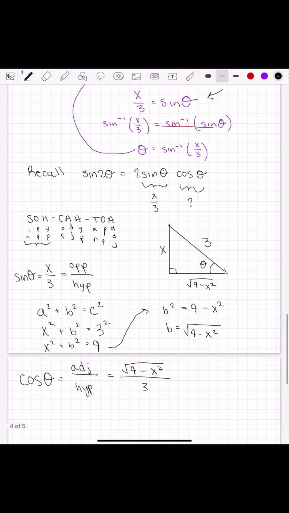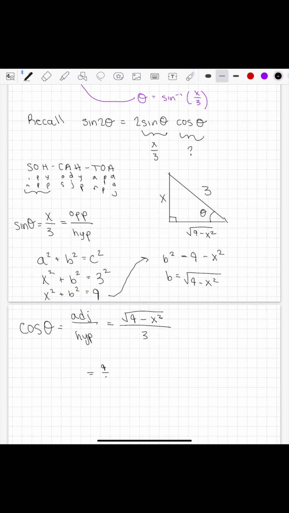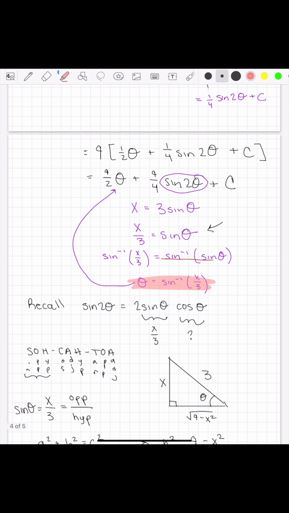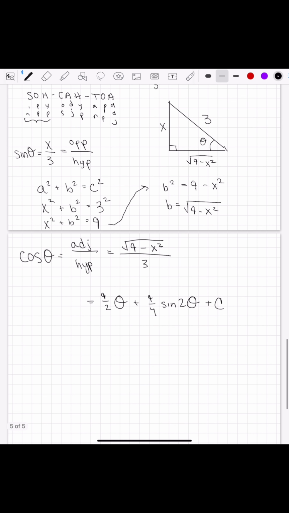So the answer that we had was 9/2 theta plus 9/4 sine 2 theta plus c. And theta we said was just arc sine of x over 3. So this becomes 9/2 sine inverse of x over 3 plus 9/4, and we said sine 2 theta is equal to 2 sine theta cosine theta, plus c.